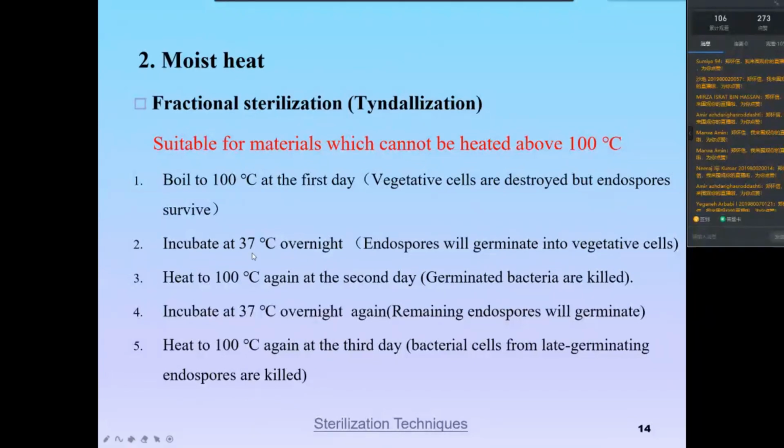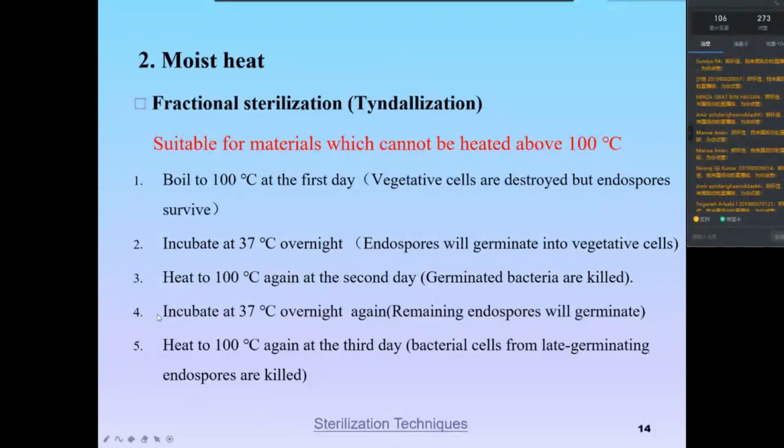You incubate them at this proper temperature to allow the endospores to develop into vegetative cells. Then you heat it at 100 degrees again to kill these newly generated vegetative cells. You kill them again, and there might be some endospores left.